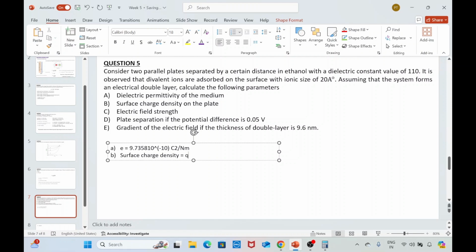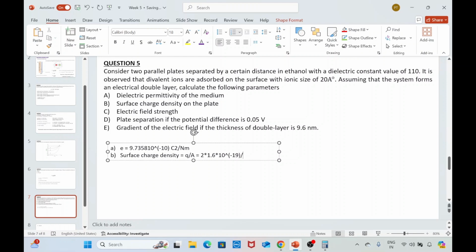It's nothing, it is Q by A. So Q here is given as divalent ions, so it will be 2 into 1.6 multiplied by 10 to the power minus 19, the whole divided by the area.